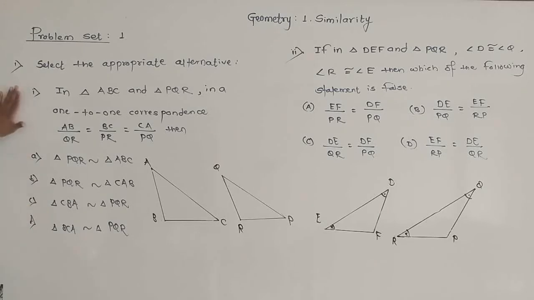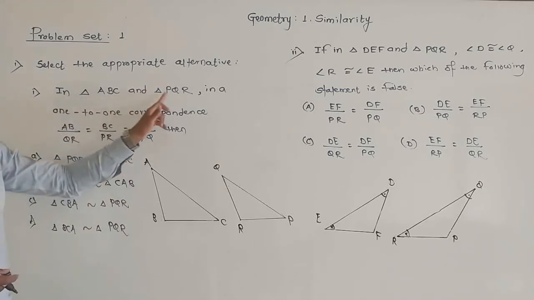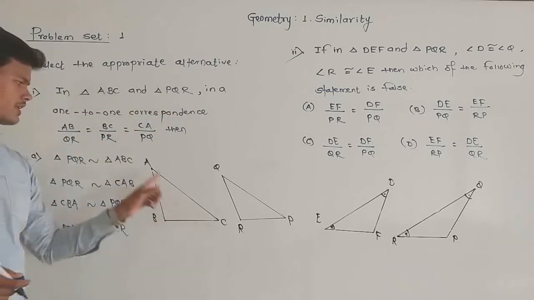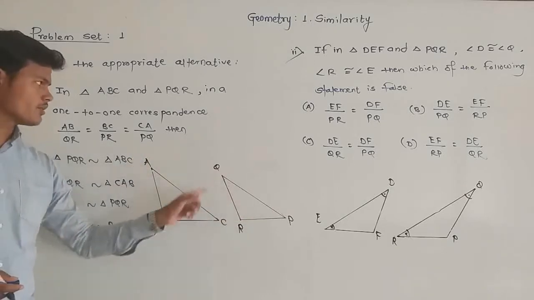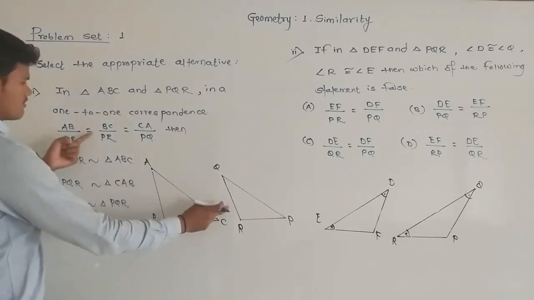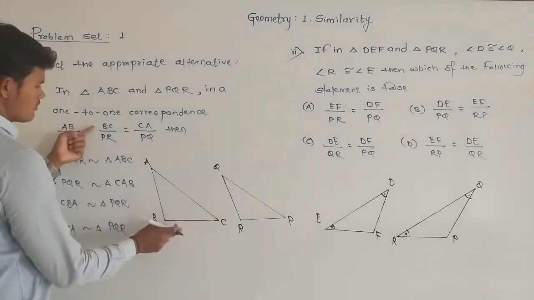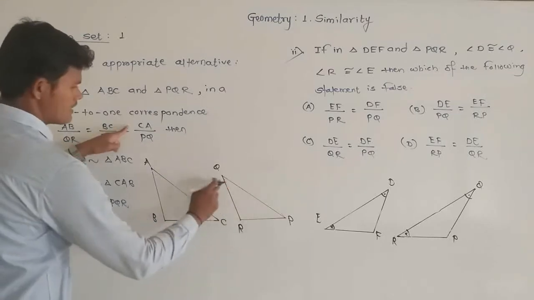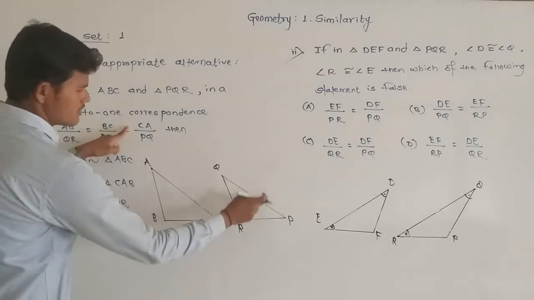So the first question is, in triangle ABC and triangle PQR, these are the two figures. In triangle ABC and in triangle PQR, in a one-to-one correspondence, their corresponding sides are in the same proportion. That means AB is proportional to QR, BC is proportional to PR, and AC is proportional to PQ.